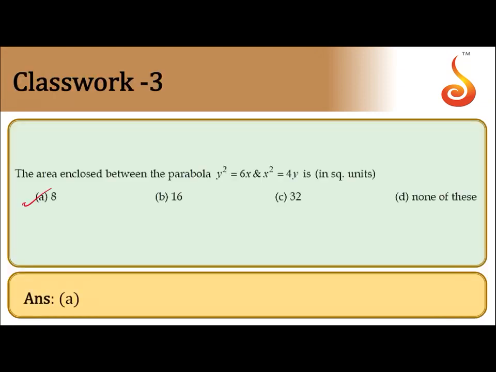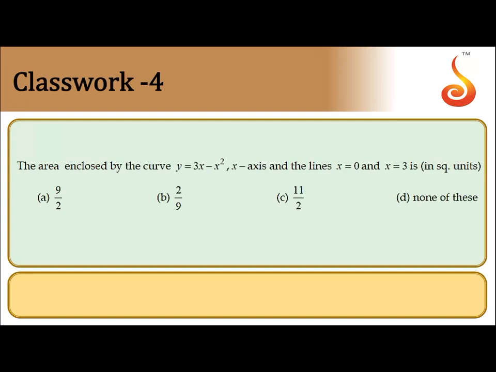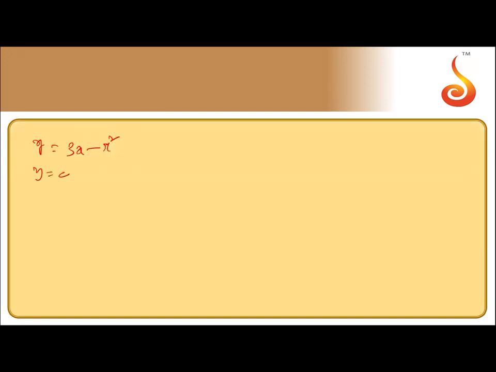Coming to the next one, area enclosed by the parabola y is equal to 3x minus x square and the x-axis between the lines x equals 0 to x equals 3. The x-axis is y equal to 0.